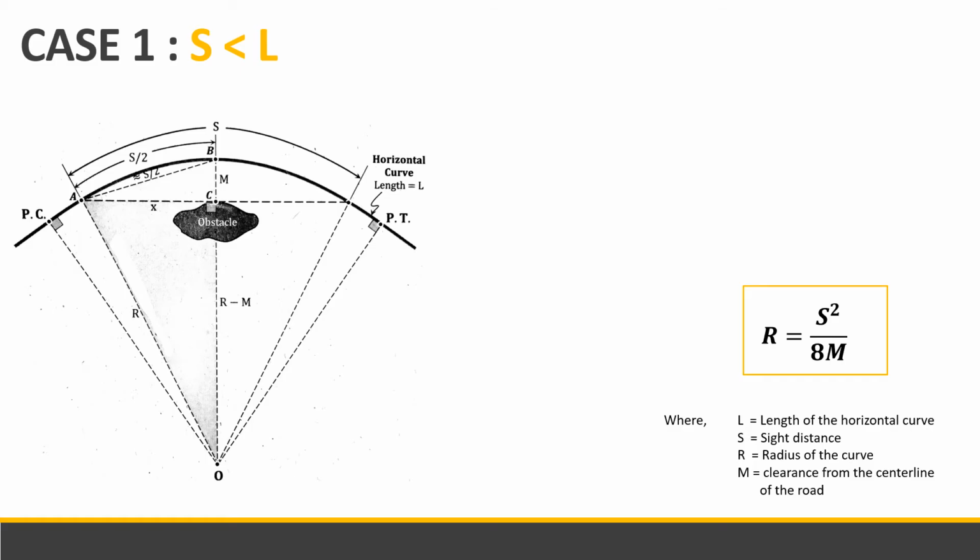So for case 1, S is less than L. So this is your sight distance from A to this point. This is your sight distance. So clearly, S is less than dito sa length ng curve natin. So considering triangle ABC, so using Pythagorean theorem, C squared equals A squared plus B squared.